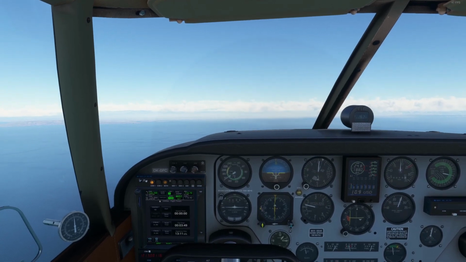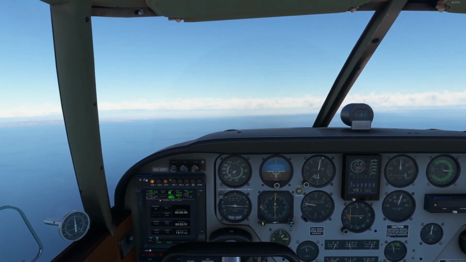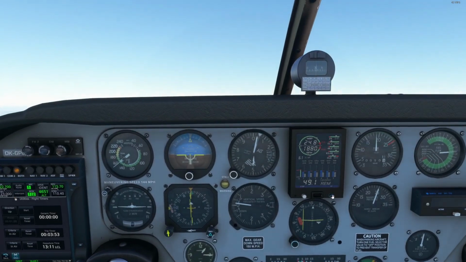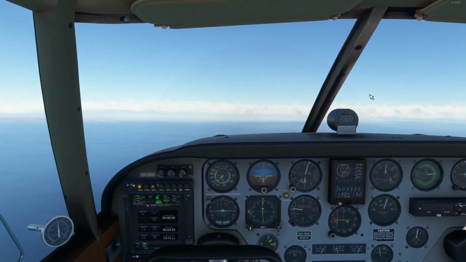We'll lean. Catalina traffic, Cardiac 36 Foxtrot, departing runway 22, right downwind departure, Catalina.